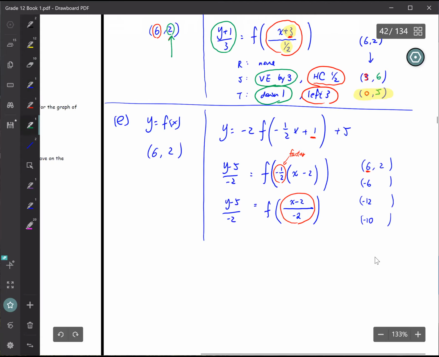Now let's look at the y. So the y, you will be looking at that one, the green part. So Amanda, can you try this one? -4.